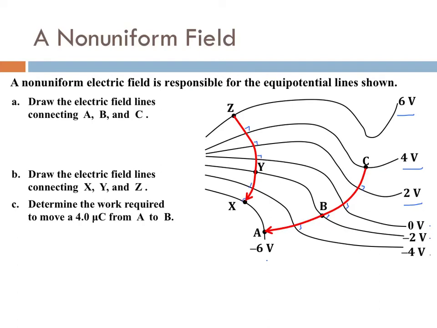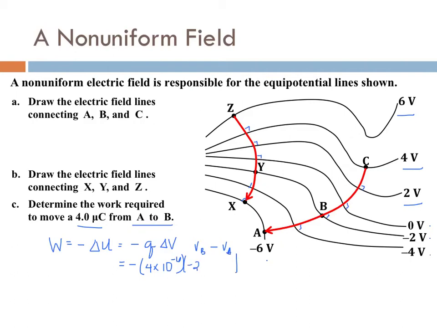Now we're asked to determine the work required to move a 4 microcoulomb charge from A to B. Remember that work is equal to our negative change in potential energy, which is equal to negative Q times change in V. We have a positive 4 microcoulomb charge, and our change in potential is going to be our potential at B minus our potential at A. So our potential at B is negative 2.